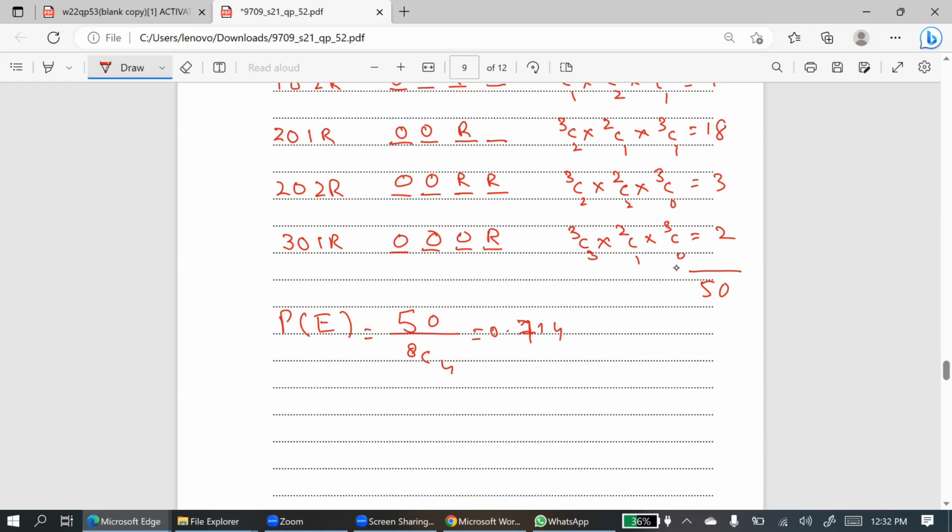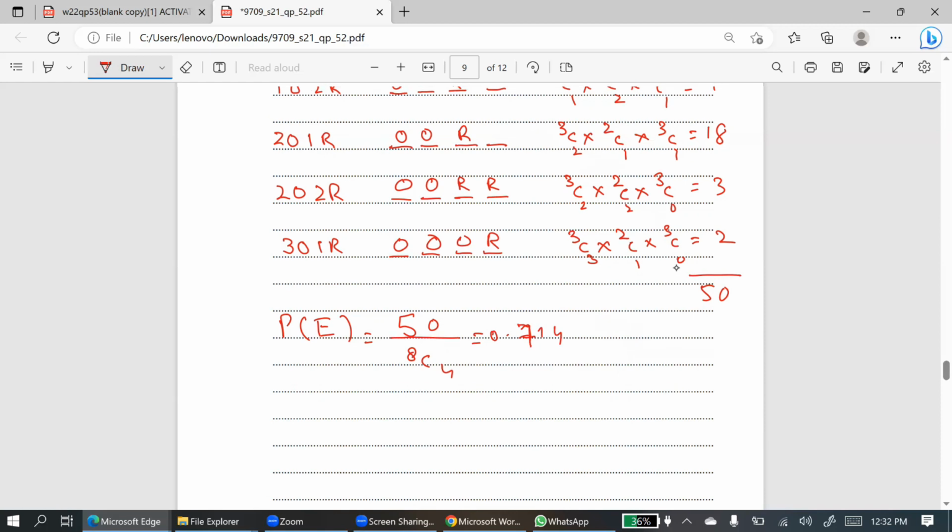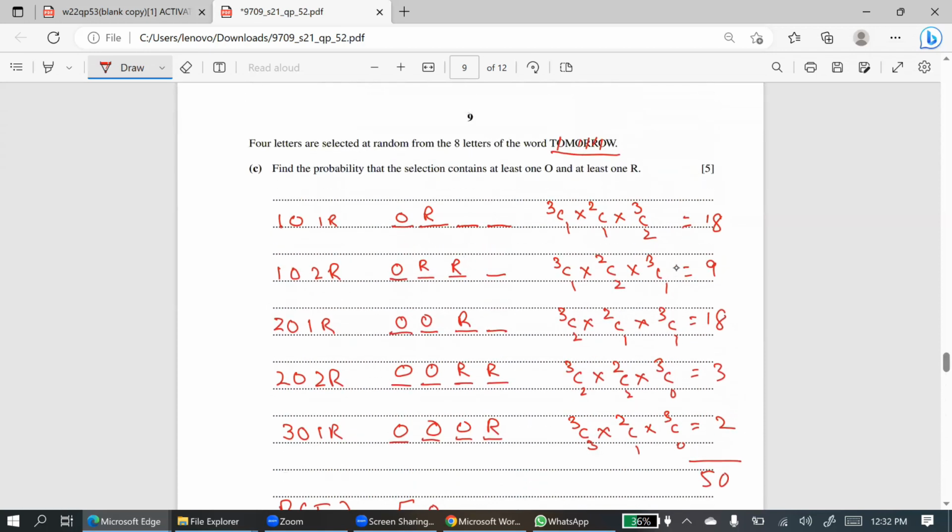So if we want to find out the number of ways in which we can select 4 letters from the 8 available, then we will not use combination on the repeated letters. But if there is a question about the probability of selecting 4 from the 8, then we will ignore the same items and we will use combination on the repeated letters also.